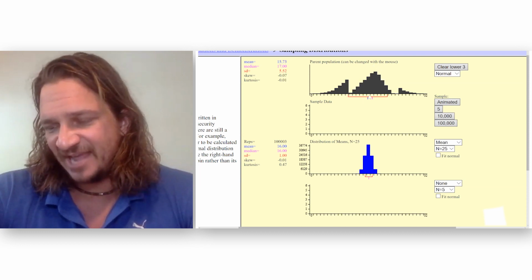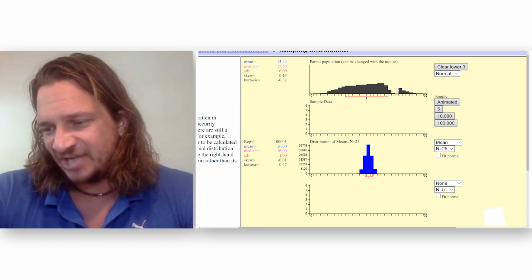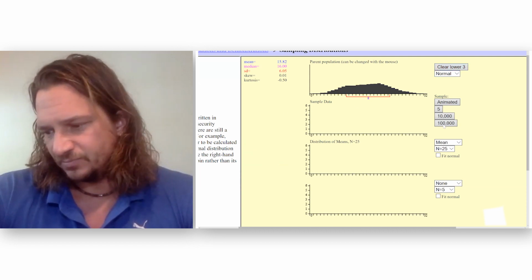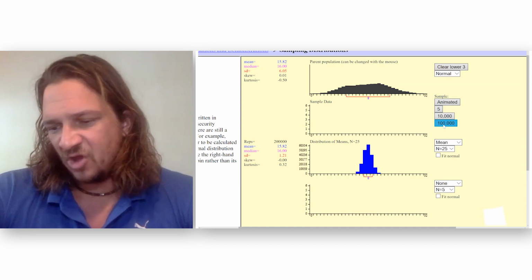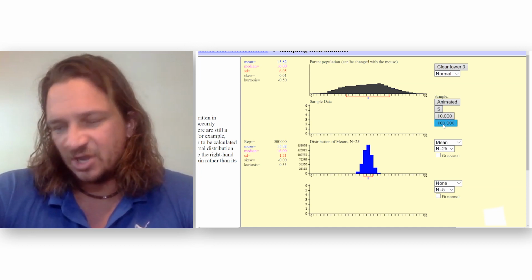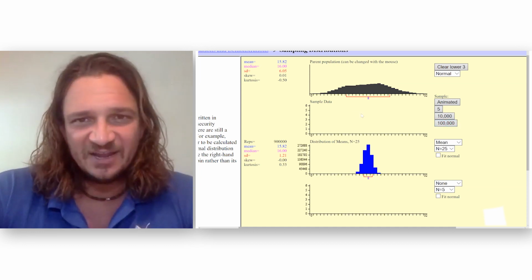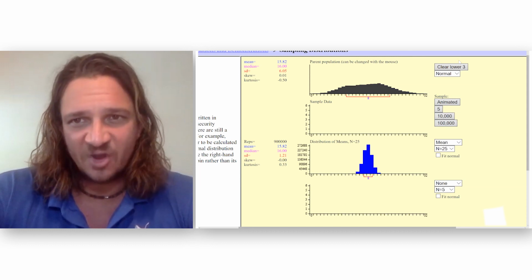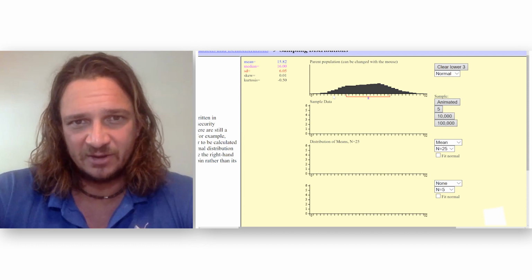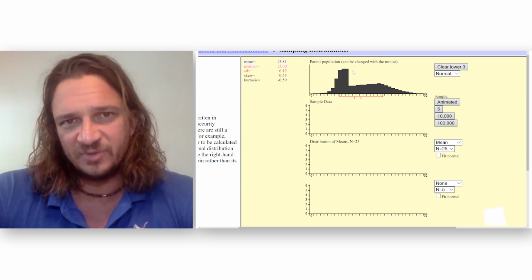Well, we can do this. I can take this distribution and I can change it. I can make it a little more like this. 100,000. And look how this distribution is normal. This is the idea of the central limit theorem: no matter what the underlying distribution looks like, let's do a really weird distribution.